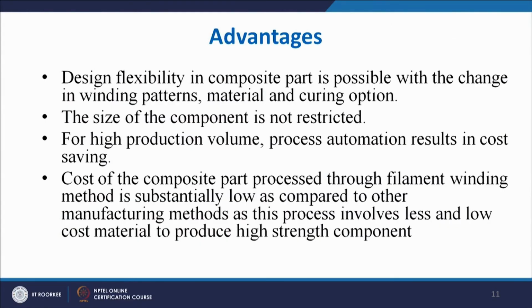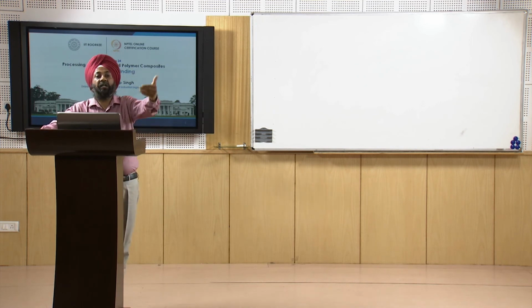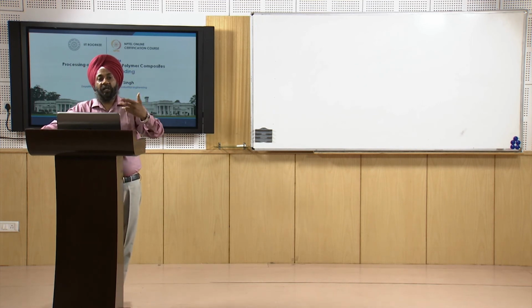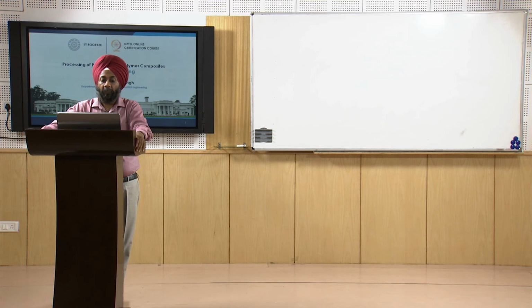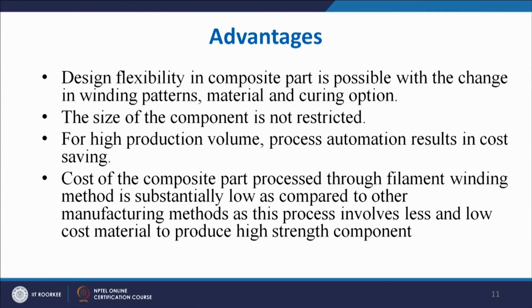The size of the composite is not restricted. We can have a long mandrel, we can have a large carriage, so the model can be scaled up and we can have a large size composite part made by the filament winding process. For high production volume, process automation results in cost saving, which is from the industrial engineering point of view.